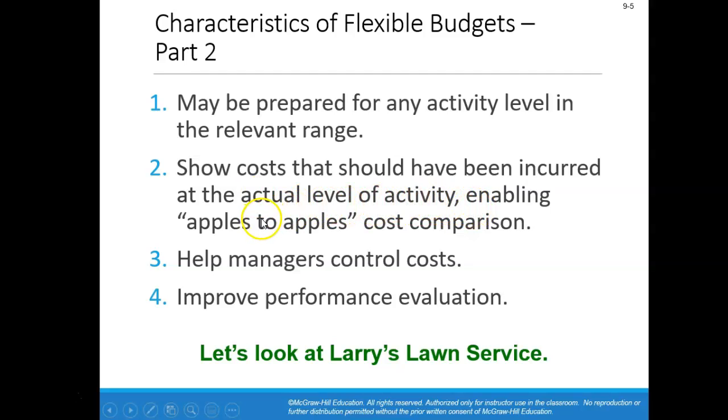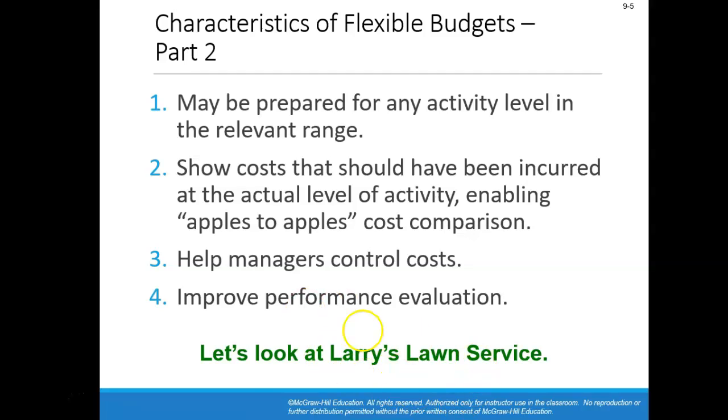Therefore, we're comparing apples to apples. So if we produced 50,000 units based upon the budget, that should have been a cost for producing those 50,000 units. The flexible budget helps managers control costs and to improve performance evaluation.